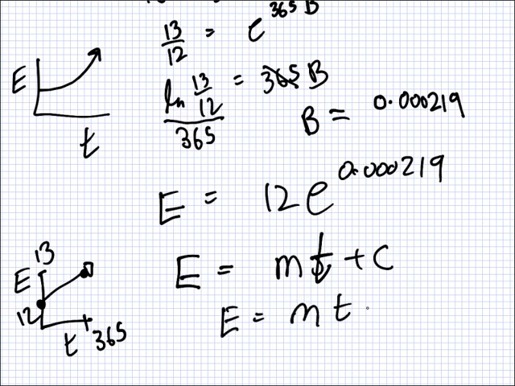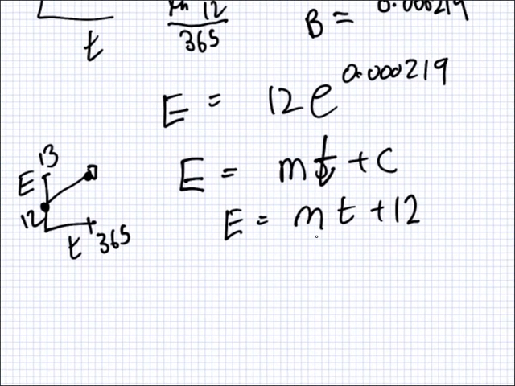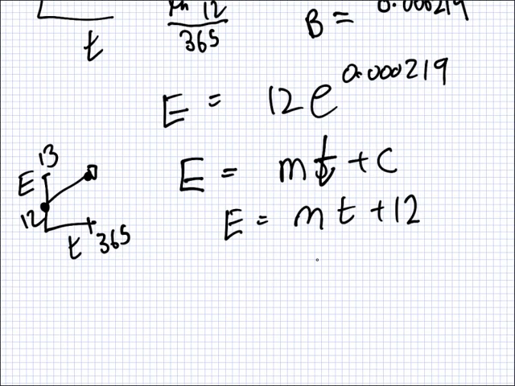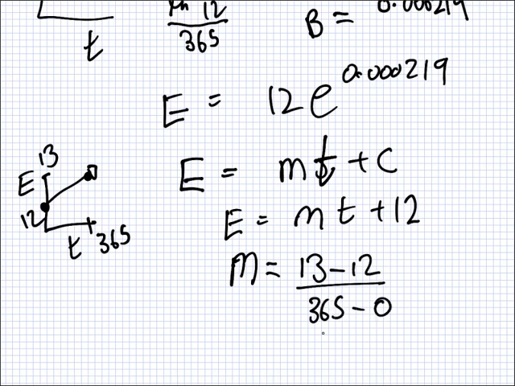And then how do I get the m? Sub in. Come on. How do I get the m? M is the gradient. 13 minus 12 over 365 minus 0.